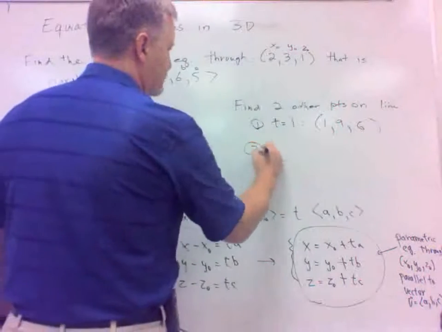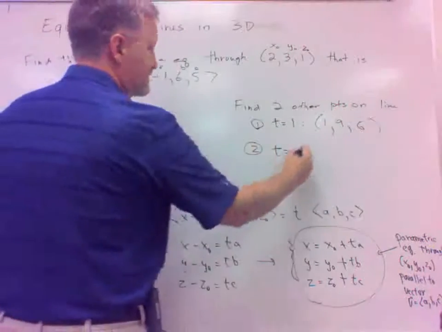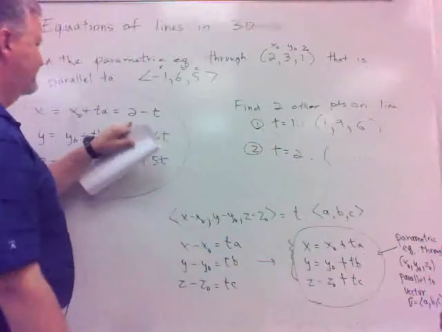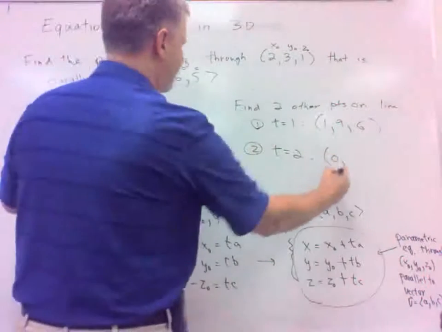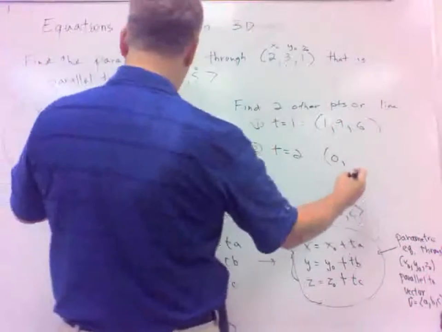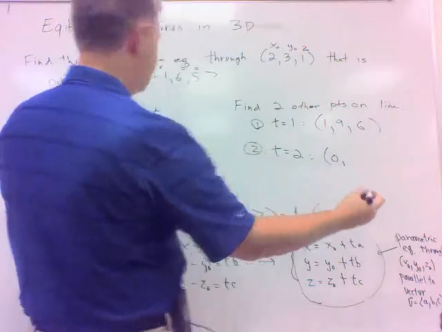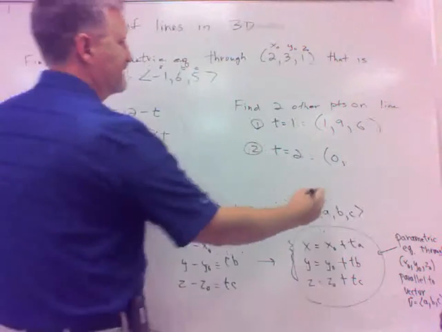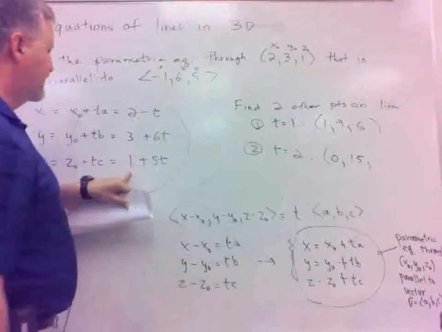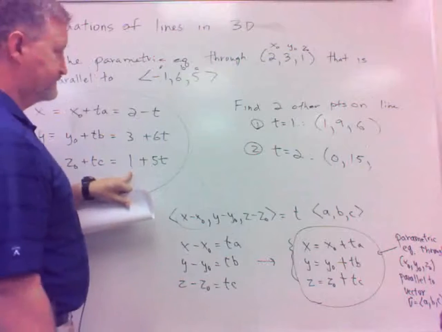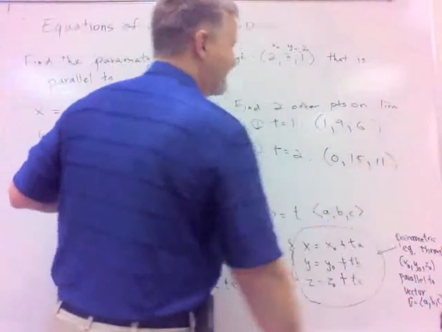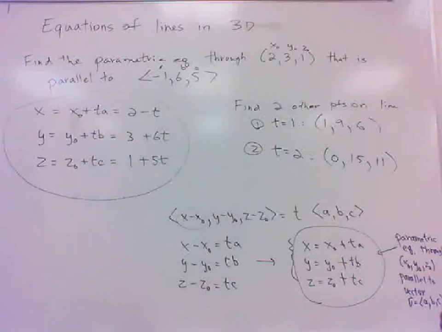And if we did another t value, t equals 2, we would get 0, 15, 11. Okay. And so, we could build our line that way.